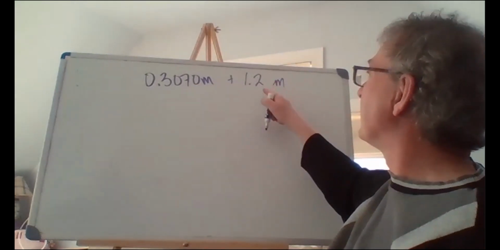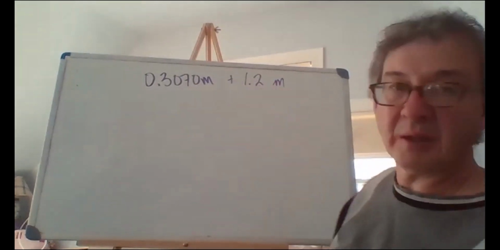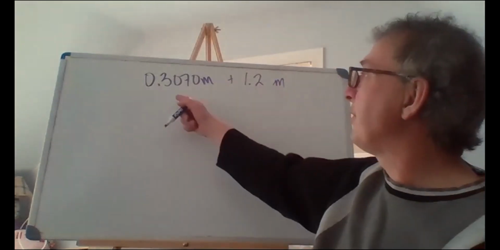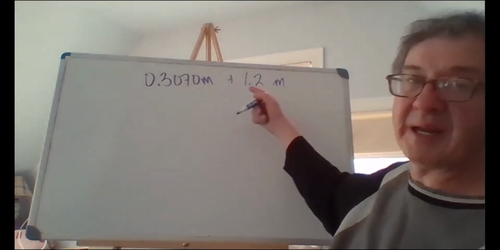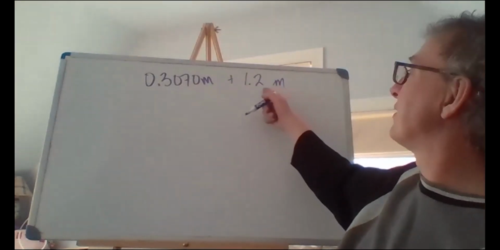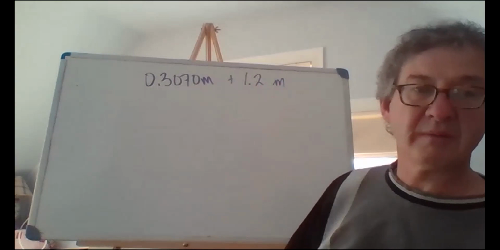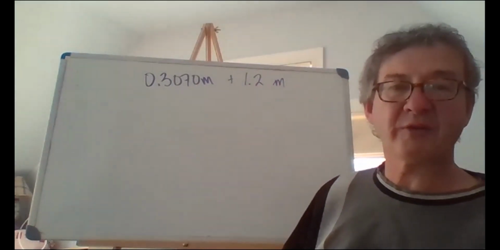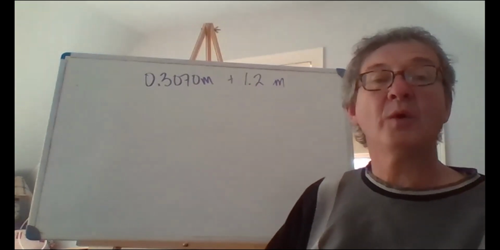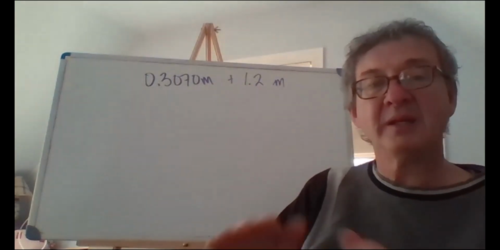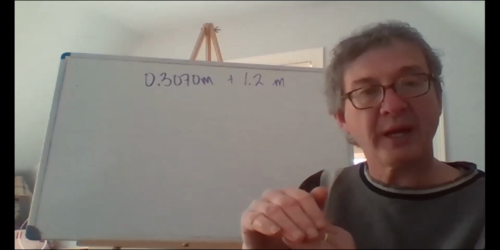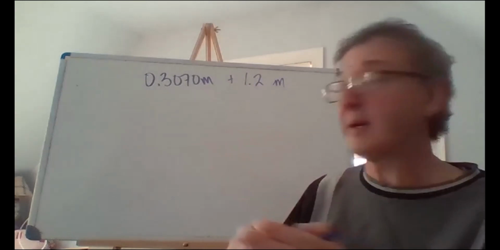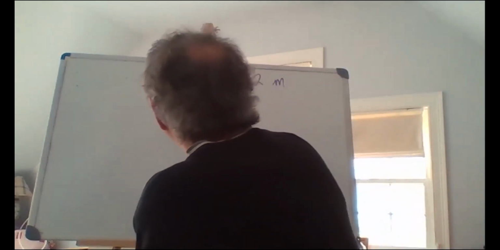This person only measured to centimeters. In other words, all this accuracy doesn't mean anything because when you add it to this person's inaccurate measurement, what's the point of all that accuracy? So when you add or subtract, put them over each other, and you can only report the numbers that exist in both numbers.